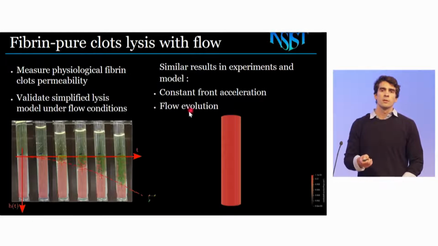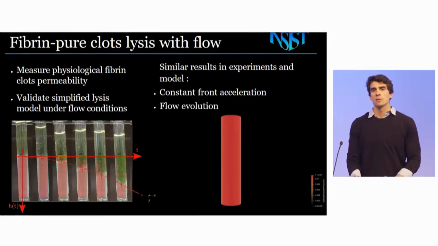Also, we had a similar behavior of the flow restoration, meaning that we had a very slow increase in flow during most of the lysis and a very sudden increase towards the end of the lysis. So this is for the permeability and lysis conditions in homogeneous fibrin clots.